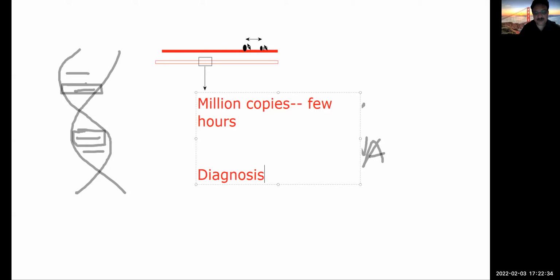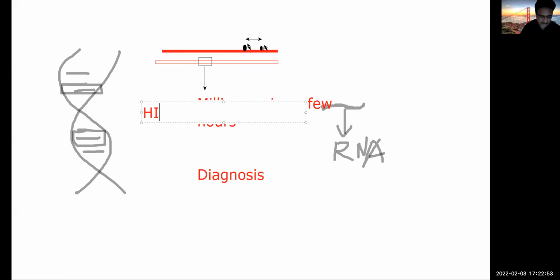But PCR, especially in infectious diseases and cancers, was very effective to find out what kind of mutation, what kind of infection is there. For example, when I was doing my PhD, PCR was very instrumental in finding out quickly whether a patient is HIV positive or negative in a few hours, to confirm at the genetic level.